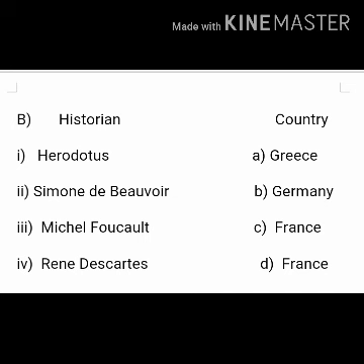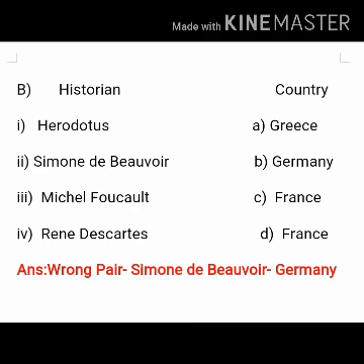And René Descartes belongs to France. So among these four, now which one is wrong pair? That is second one. Simone de Beauvoir belongs to France, not Germany. Clear? So write down the wrong pair. Write down wrong pair. Simone de Beauvoir dash Germany.